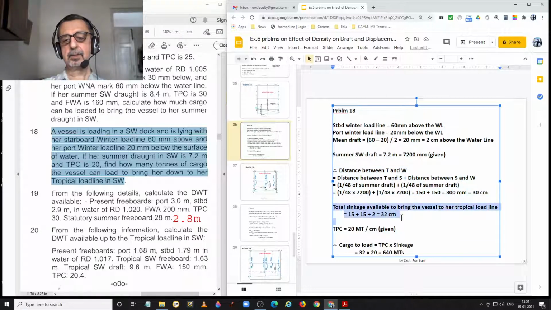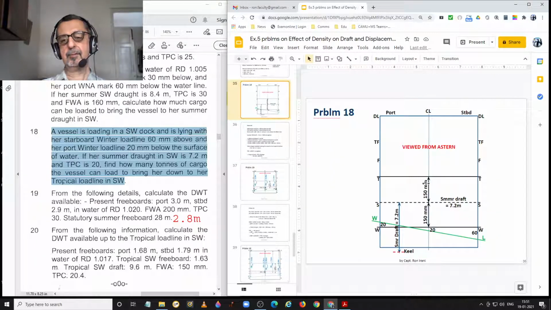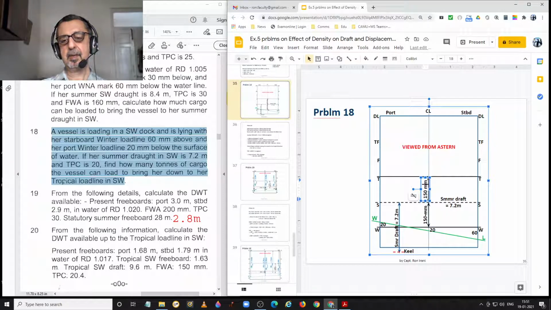Thus, the total sinkage available to bring the vessel to the tropical load line is equal to 15 centimeters plus 15 centimeters plus 2 centimeters is equal to 32 centimeters. 150 millimeters is 15 centimeters plus another 15 centimeters plus another 2 centimeters.